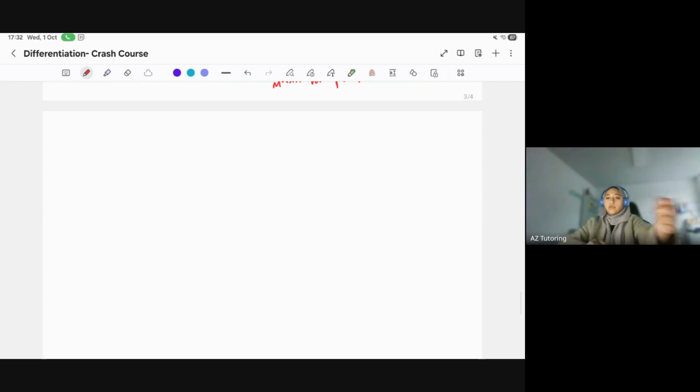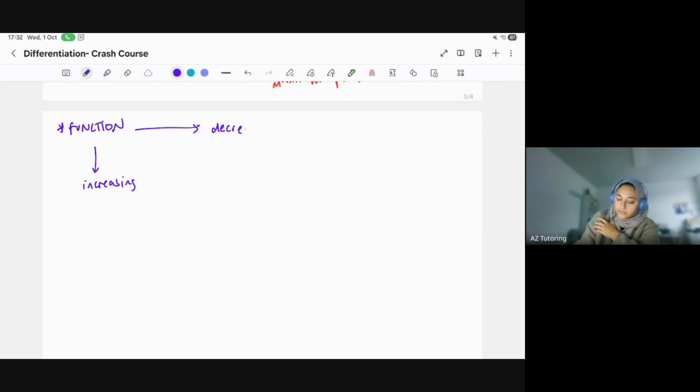Okay, now I'm going to introduce another concept, and this is whether a function, I'll do it in purple, is increasing or decreasing. Now I'll just explain what I mean by this. If a function is increasing, the graph would look like this.